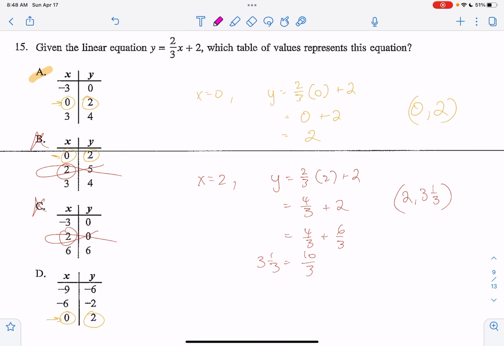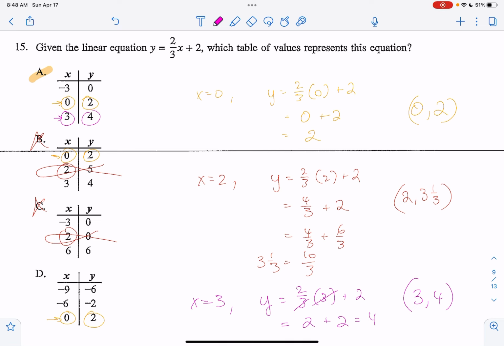The next number you see is 3. So if x is equal to 3, y will be 2/3 times 3 plus 2. The 3 cancels out with the 3 in the denominator. This is just 2 plus 2, which is equal to 4. This is 3 comma 4. So A is probably it.